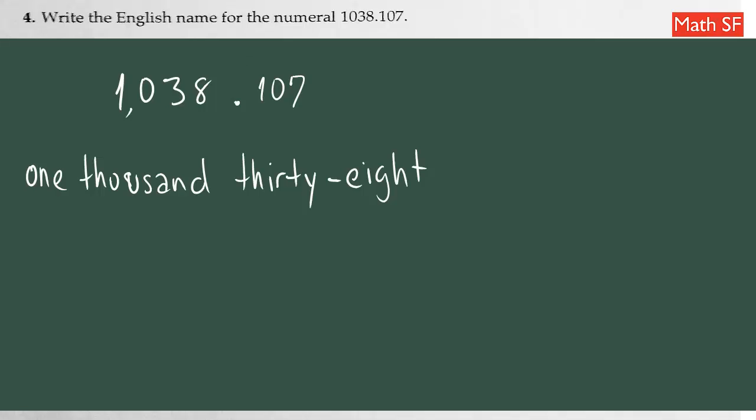Now we have a decimal point here, so that will be "and". Now 107. As you see the number, just read it. Just say 107. So it will be 107.